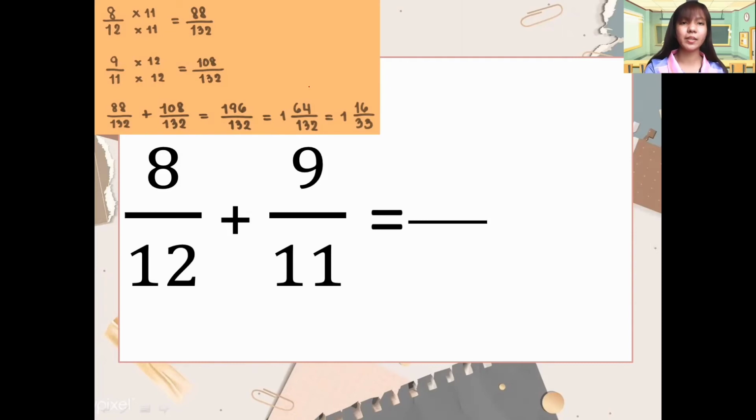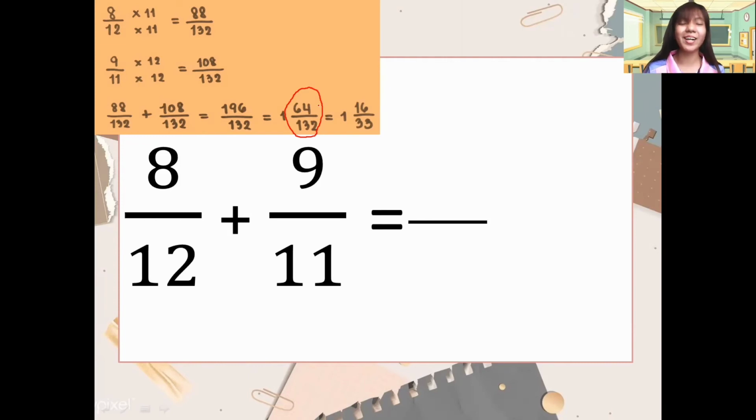Now you see here, look at this, 64 and 132. Is there a number that is divisible to both 64 and 132? Yes, there is a number. What do you think that number is? Okay, it's 4.